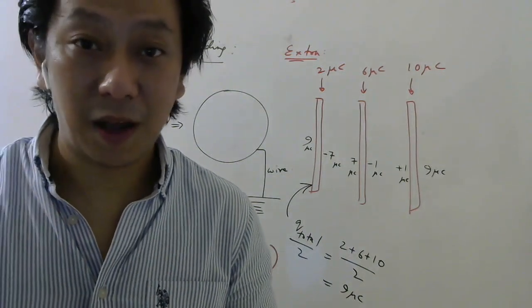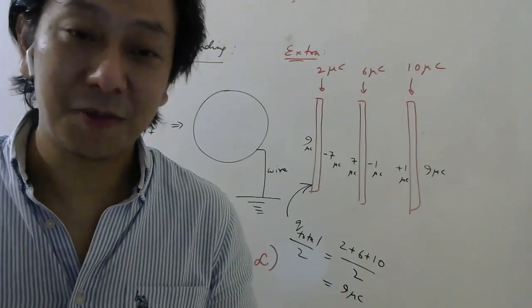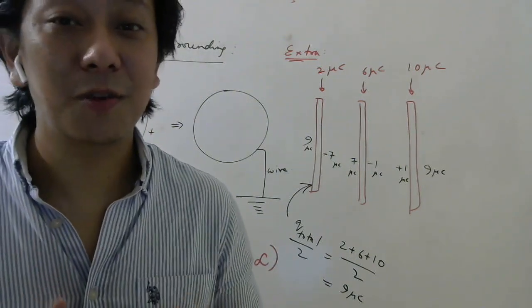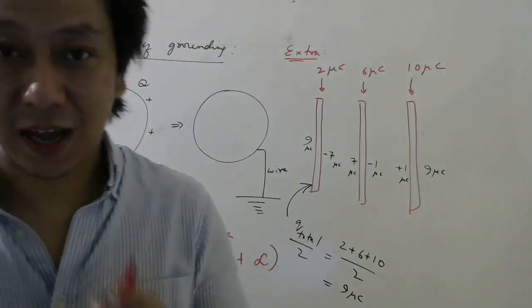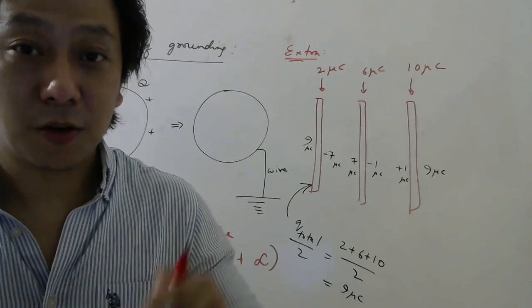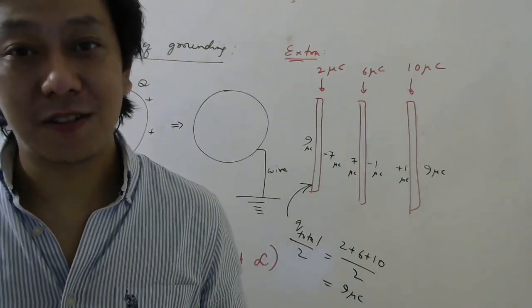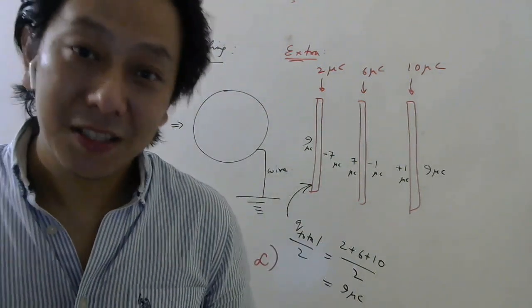Remember, water flows from higher height to lower height, and positive charge flows from higher potential to lower potential. I have discussed this yesterday. Now ground is so big, like sea level. By taking some water out of the sea or by giving some water, you don't expect the level to change. Same thing with ground.